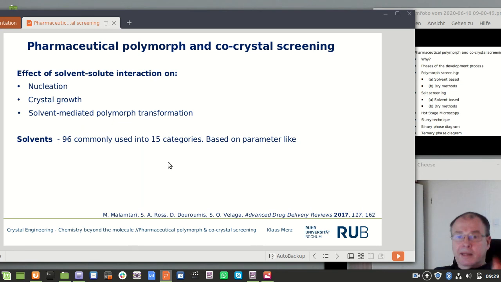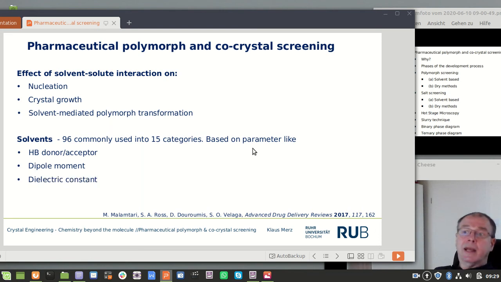The classes are based on parameters like hydrogen bond donor and acceptor properties, the dipole moment, dielectric constants, viscosity, surface tension, for example. These are only some of the parameters.